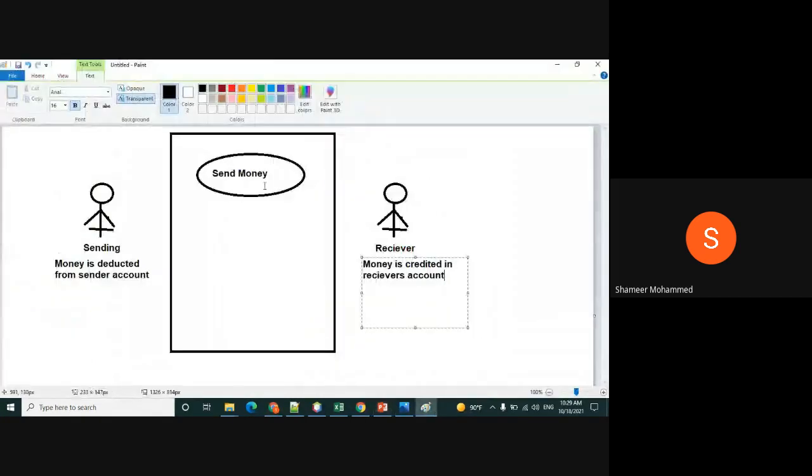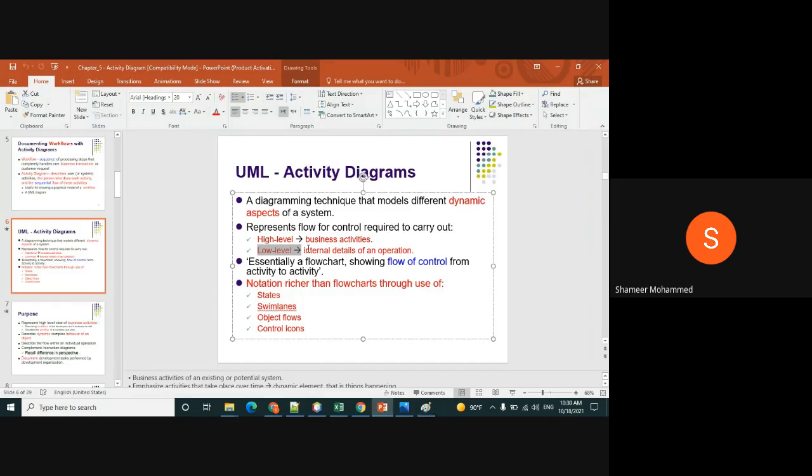So when I say send money, what is happening here? I am checking in the bank: if your balance is greater than some amount, then only send. Otherwise, don't send. Those logics, those steps, I am checking internally for the transfer of amount.